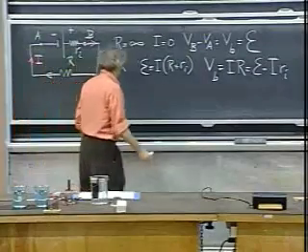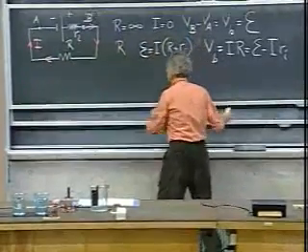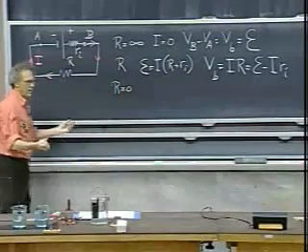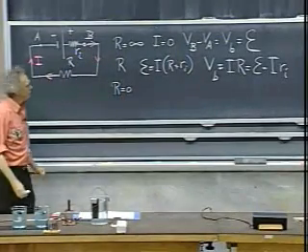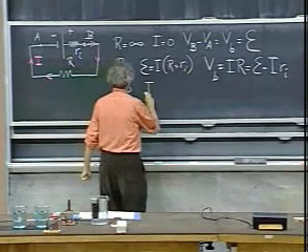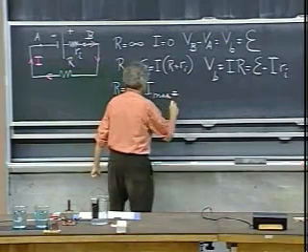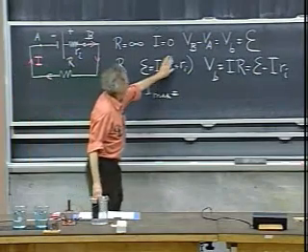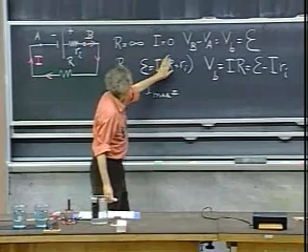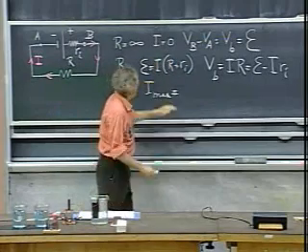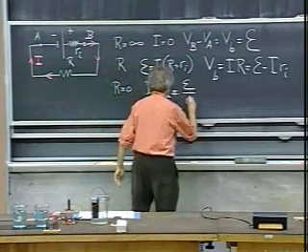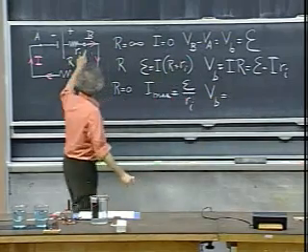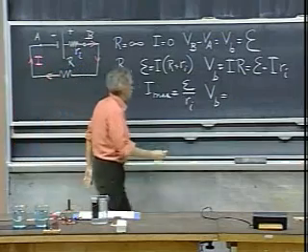If I shorted out this battery, stupid thing to do, but if I make R equal 0, so I take the battery and I just short it out, then the maximum current that I can draw, so R is now 0, you can see that the maximum I that you can get is E divided by R of I, and V of B, the voltage that you would measure now between point B and A, goes to 0.